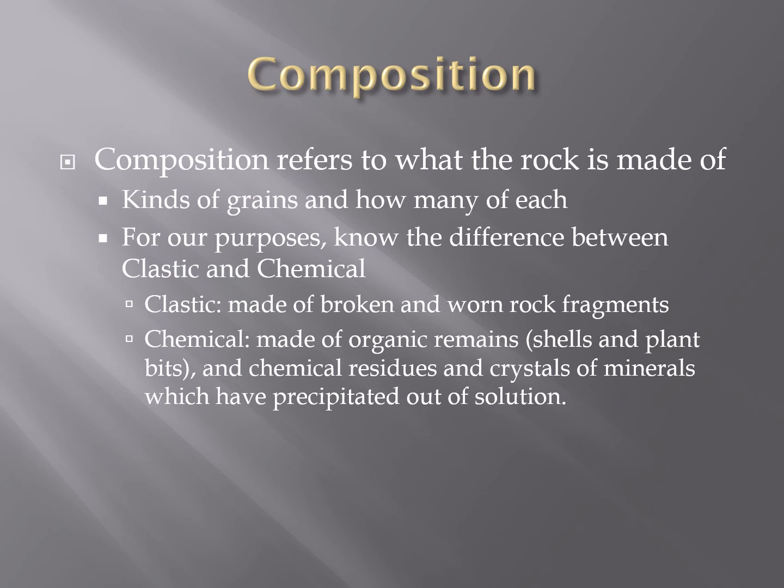And this is organic material, shells, plant matter, and so forth. And this also includes chemical residues and crystals of minerals that have precipitated out of solution, such as calcite or even halite.